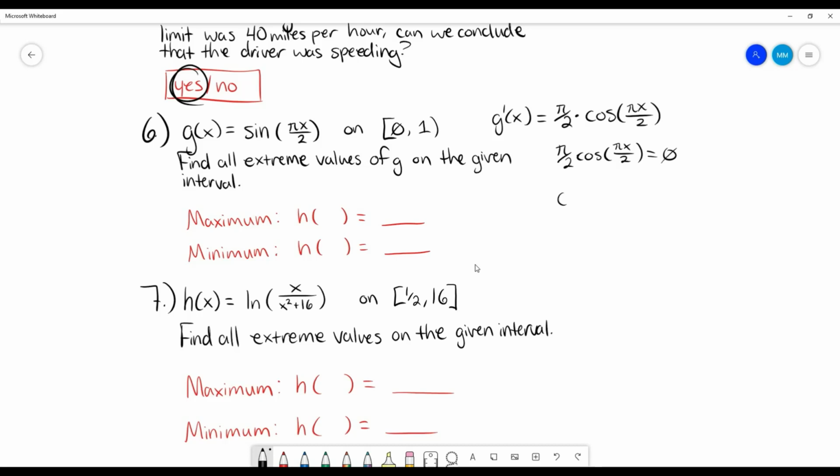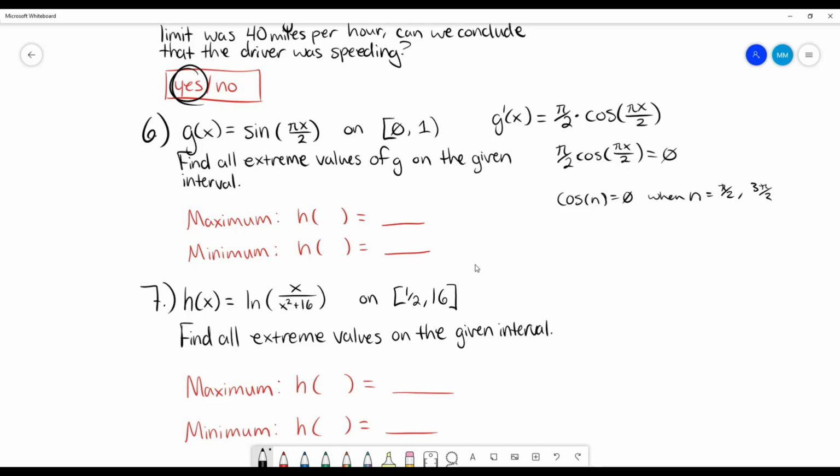Which means I know that cosine of x equals 0 when x equals pi over 2 or 3 pi over 2. So if the inside is pi over 2, I know that, oops, I don't want to use an x for that actually, sorry.